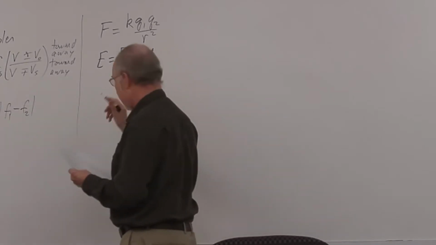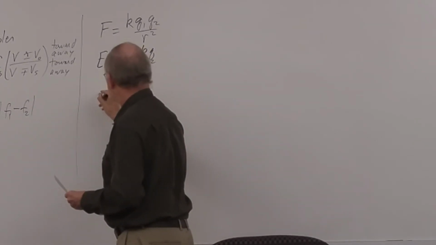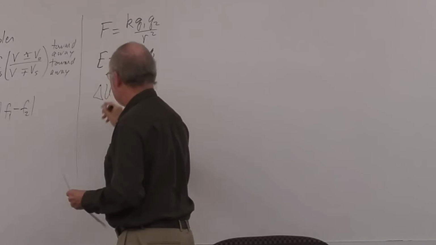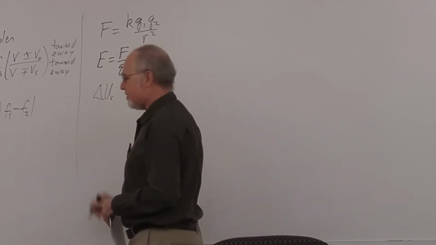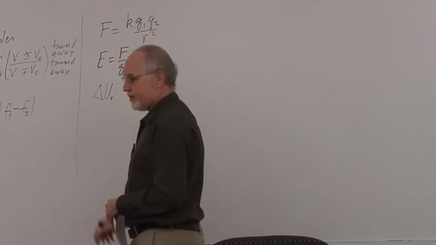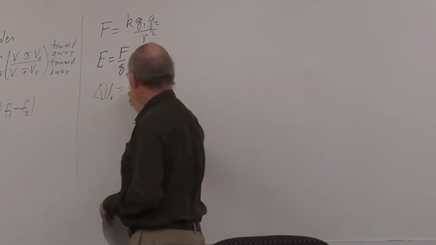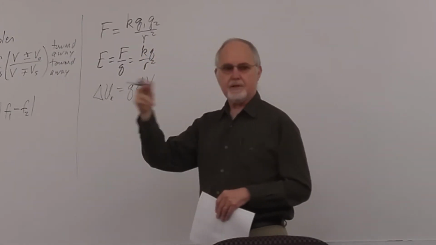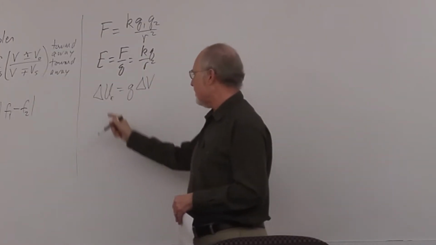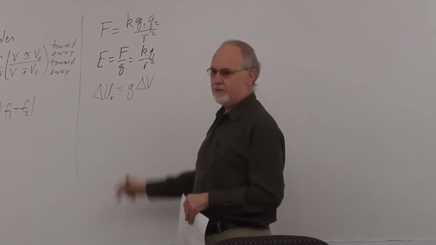And so the change in the electric potential energy, as opposed to gravitational, is the charge times the difference in the voltages from one point in space to another point. You get joules is coulombs times volts.